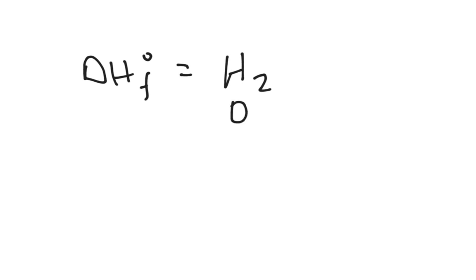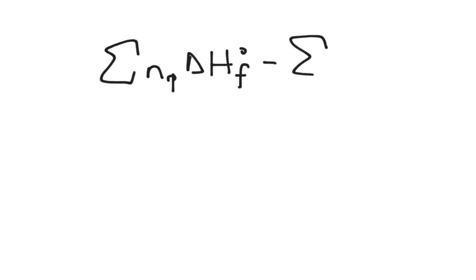All right, the delta H of formation for any individual thing, so for any elemental thing, is 0 joules. Now we can take this and use this formula, and I'll explain what it means here.